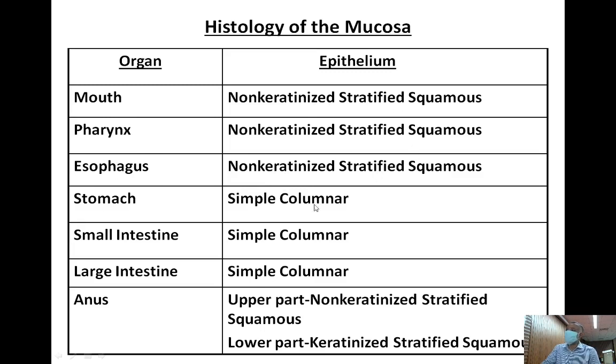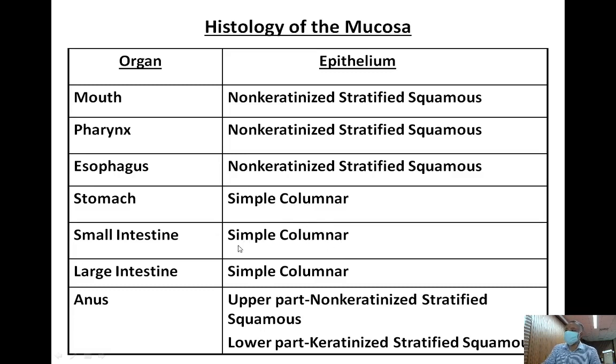Then the stomach: simple columnar. Here the main function is secretion, along with protection. Gastric juices are secreted by the glands, and these glands are extensions of the lining epithelium. Then the small intestine, again simple columnar, but here the mucosa has villi, to increase the surface area for absorption.